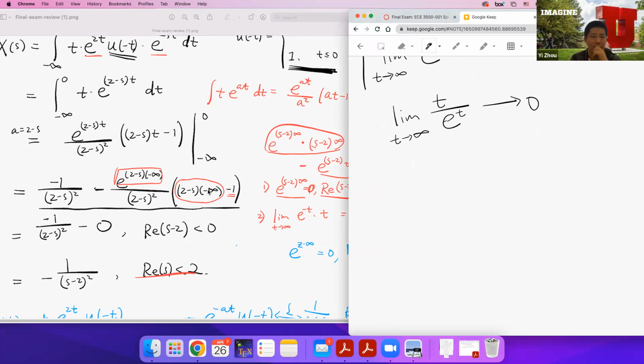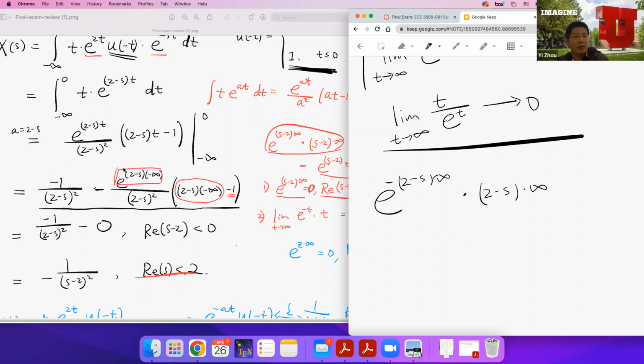Here we have a negative sign, so they can cancel out. So what we have is e to the power of 2 minus s times negative infinity, times 2 minus s times infinity.